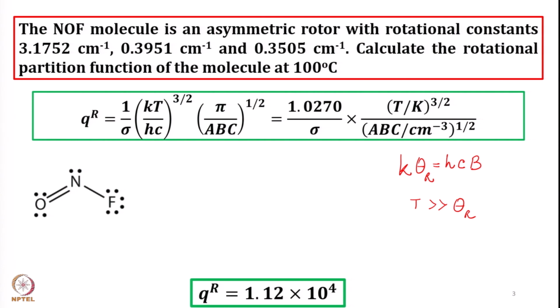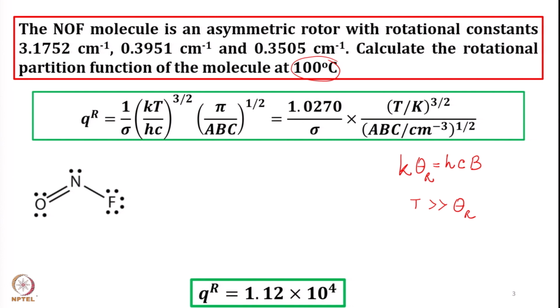In this case, you please calculate yourself, find out the value of theta R, and you will observe that 100 degrees Celsius, which is 373 Kelvin, is much higher than any of the theta R's corresponding to A, B and C. And once you establish that, then you are free to use this high temperature approximation result.